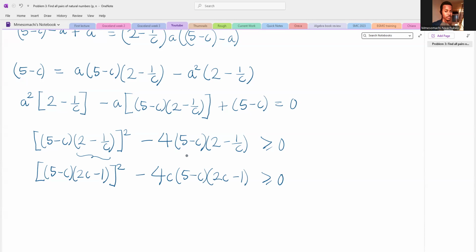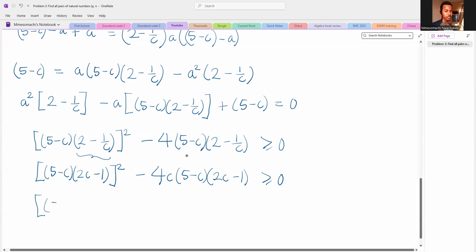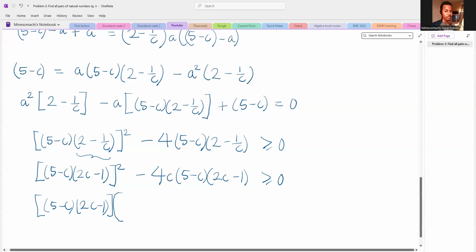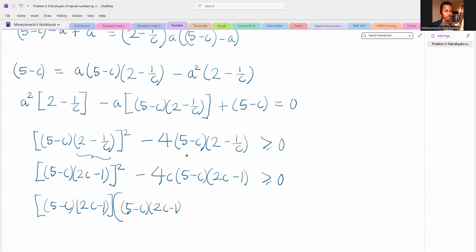We can factor out (5 - c)(2c - 1). Then we're left with (5 - c)(2c - 1) minus 4c, which is greater than or equal to 0.